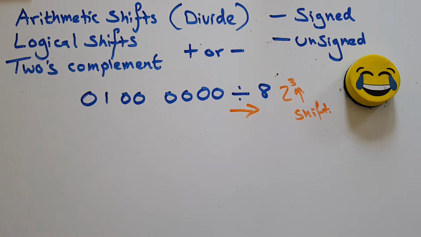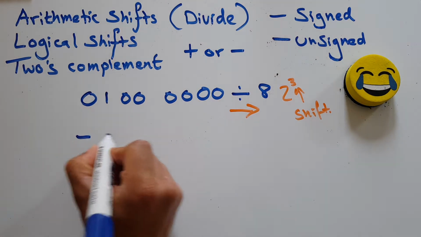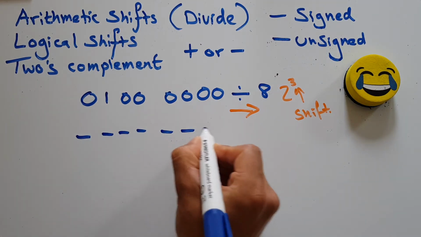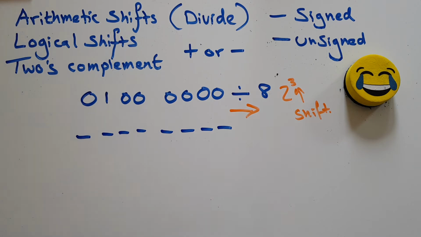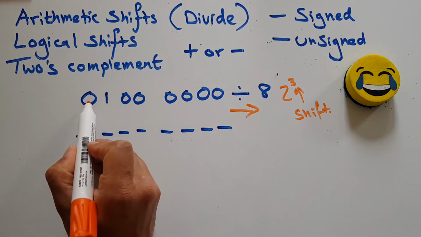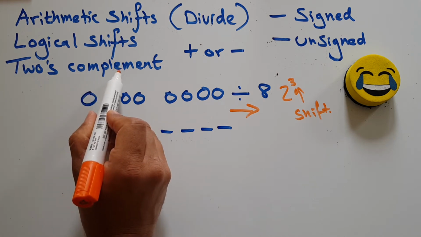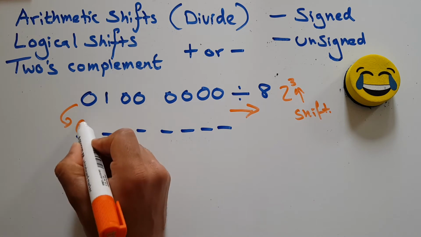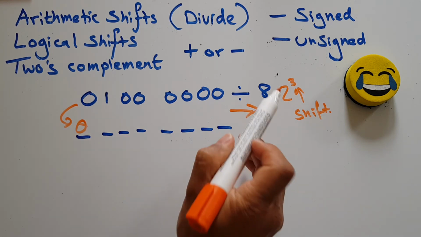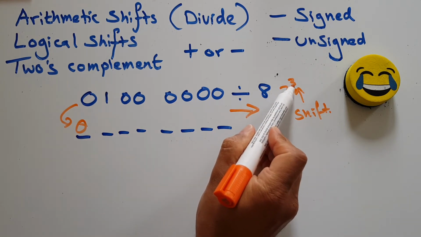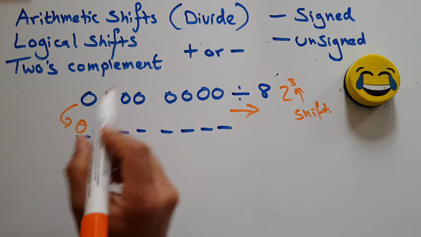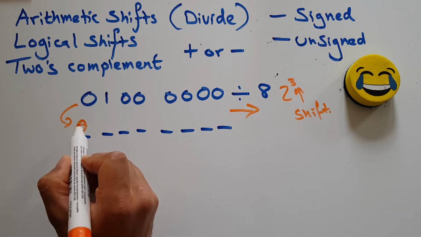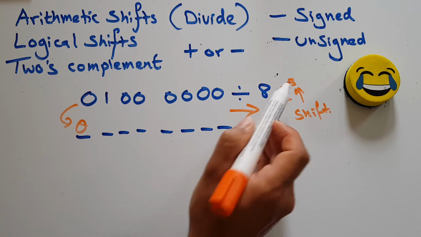So now I'm ready to perform the shift. I'm going to write out the place values. What I'm going to do now is take the MSB, and if you know the 2's complement system, this will make sense to you. I'm going to take the MSB and I'm going to drop it straight down. Okay. The next thing I'm going to do is I look at my shift value, and it tells me I'm going to copy the MSB 3 times.